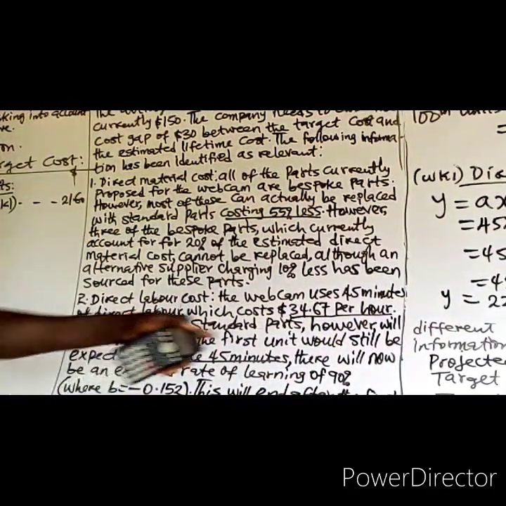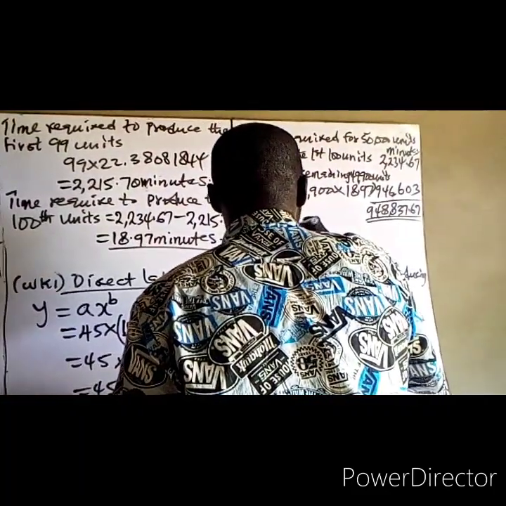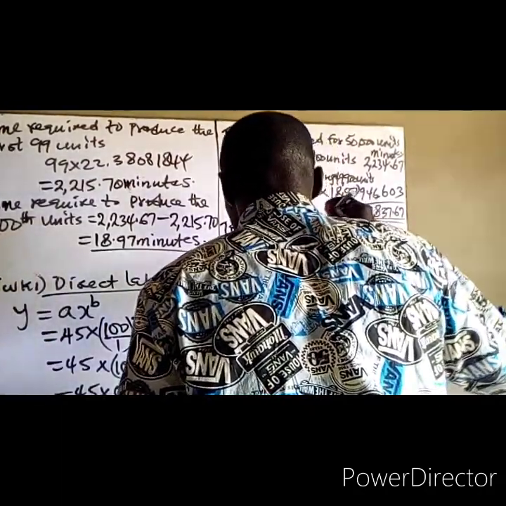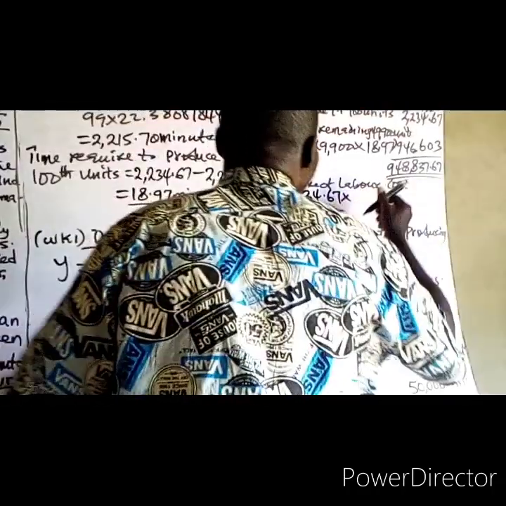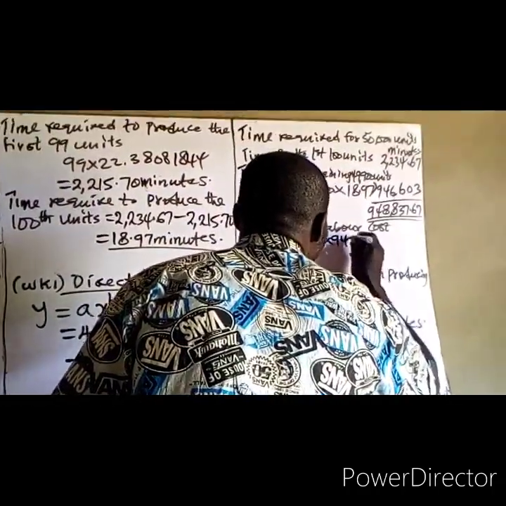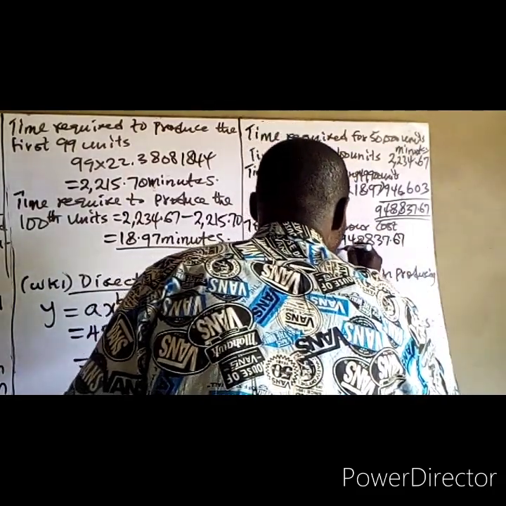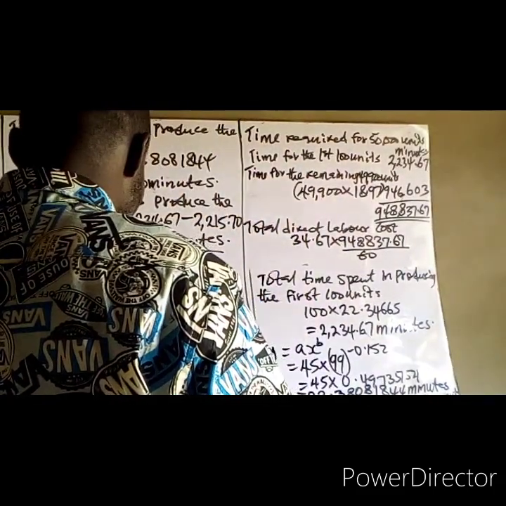Then the total direct labor cost for the 50,000 units: it costs 34.67 per hour, so we have 34.67 times 948,837.67. This is in minutes, so you have to convert it to hours since the rate is per hour, then divide by 60.